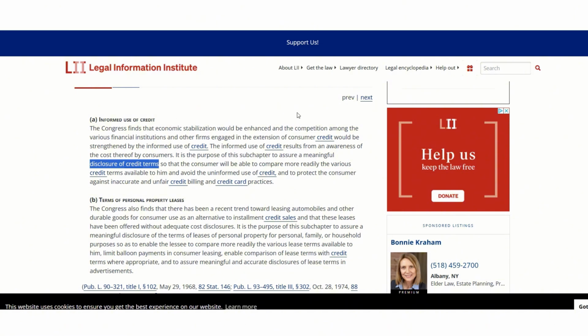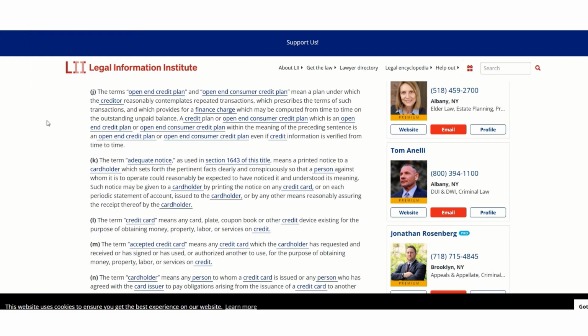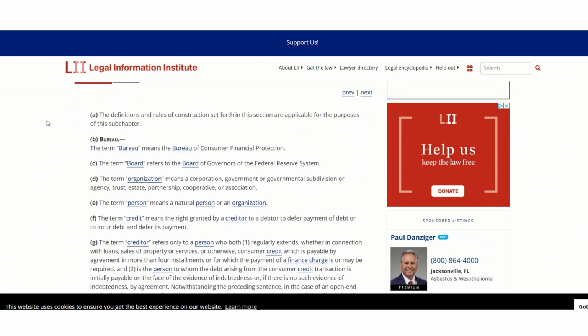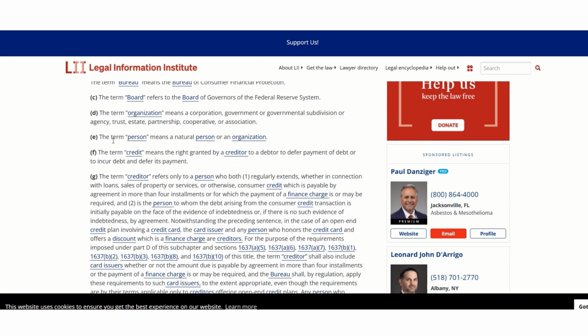Let's get some definitions. All right. So first, the term person is defined to mean a natural person or organization. The term organization means a corporation, government, or governmental subdivision or agency, trust, right?